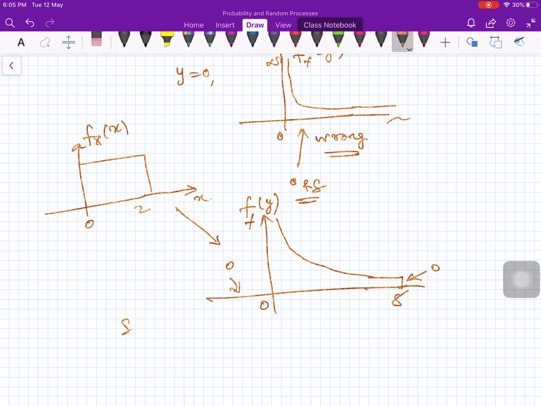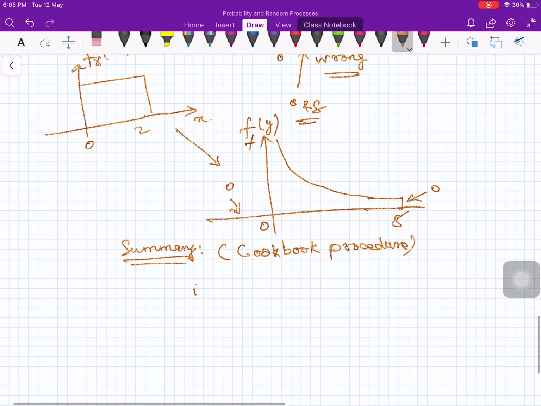So, summary: for any given problem, use the cookbook procedure. Let me write properly. That is, the first step is to find the CDF, the cumulative distribution function.